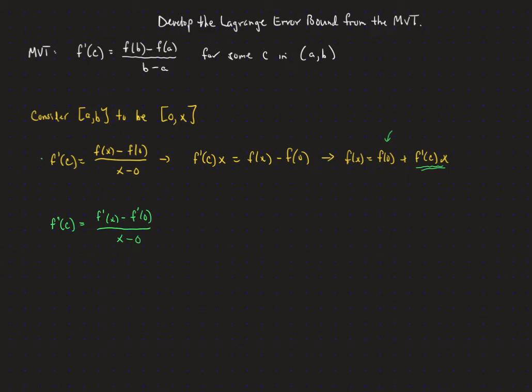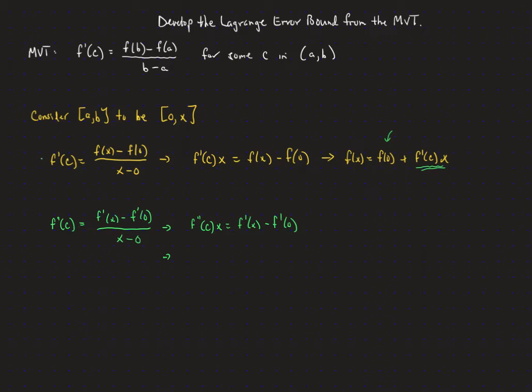See how we're now using the mean value theorem, but we're starting with the derivative function and getting to the second derivative. Once again, we'll multiply that x to the other side and get f double prime of c times x is equal to f prime of x minus f prime of 0.